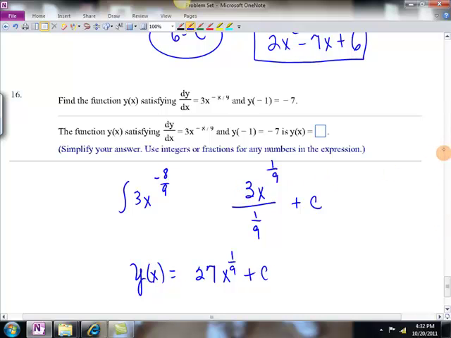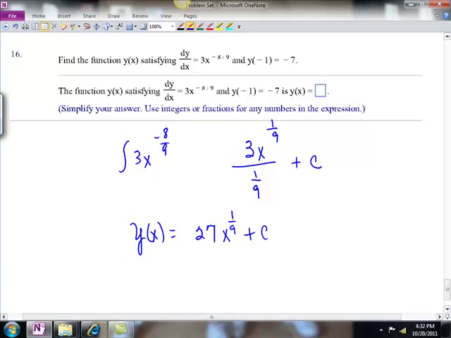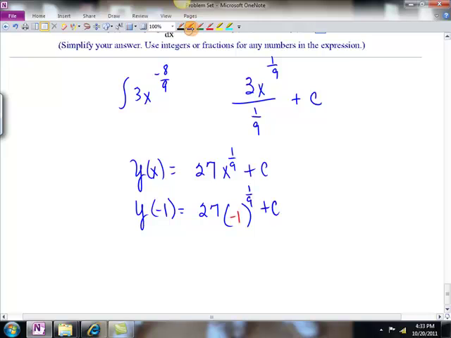Then they gave me that y of negative 1 was equal to negative 7. And that means we're going to plug in. So we got 27x to the 1/9 plus c, and we're plugging in a negative 1 there. And so we're going to put a negative 7 here because that's what y of negative 1 was. 27 times negative 1 to the 1/9 is going to be negative 1.